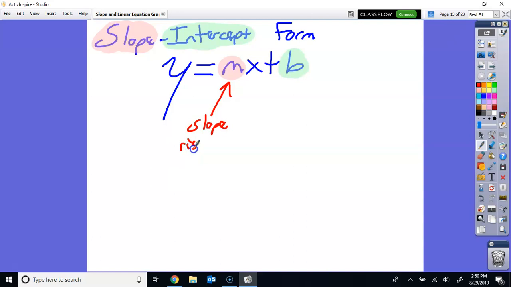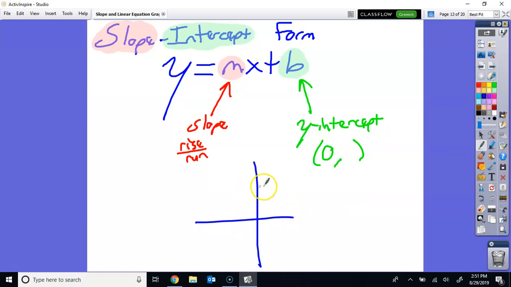Remember, we talked about that being the rise over run. And remembering that the b here is the y-intercept, not the x-intercept. It's the y-intercept. So it's going to be (0, b), whatever the b value is. And it's always going to be located on the y-axis.